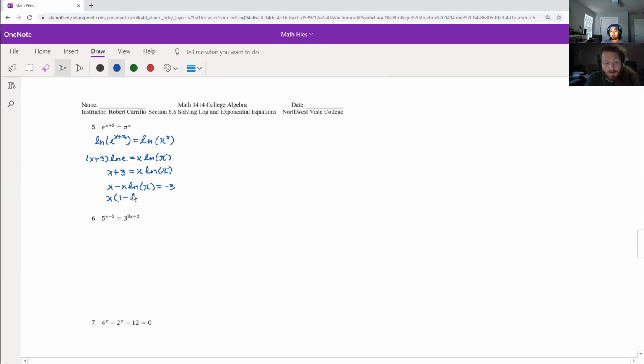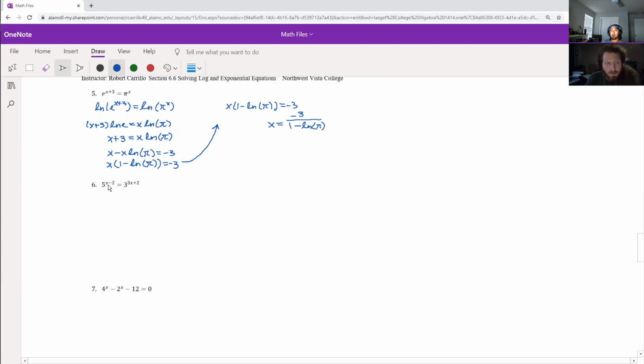Get x times (1 minus ln pi) equals -3. And then I will just divide this whole quantity over to the other side, and we get x will be equal to -3 divided by (1 minus ln of pi). And you're done.